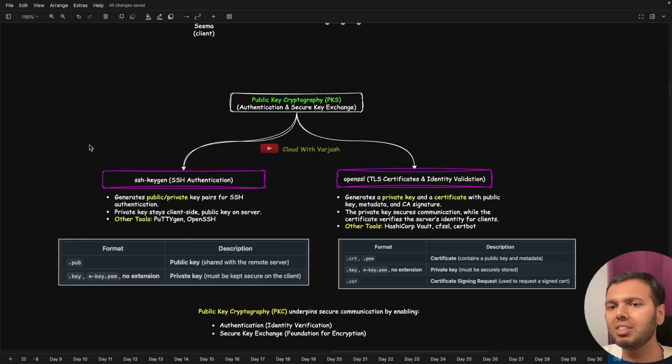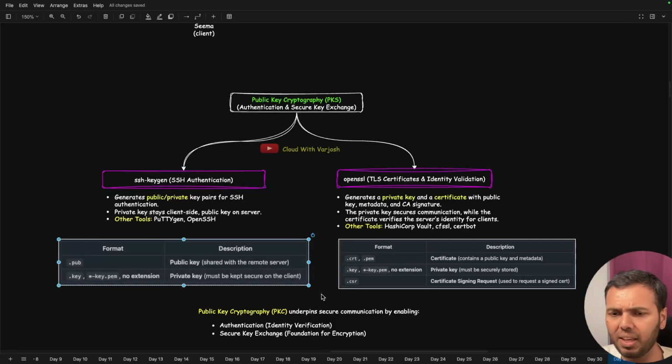Now, SSH keygen is not the only tool that you can use to generate SSH keys or key pairs. You can also use PuttyGen if you are on Windows and OpenSSH with Unix based systems. Having said that, SSH keygen is a popular tool that is used to generate SSH key pairs. Now I want to discuss the formats.